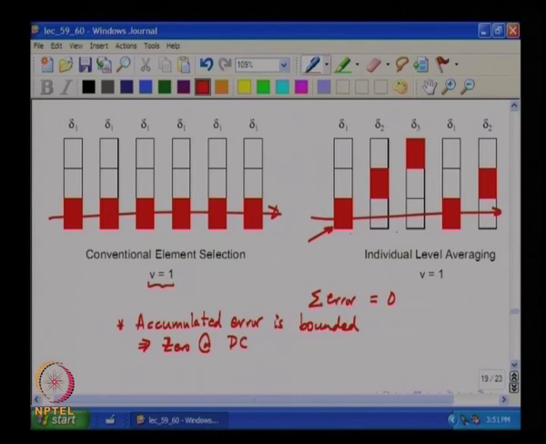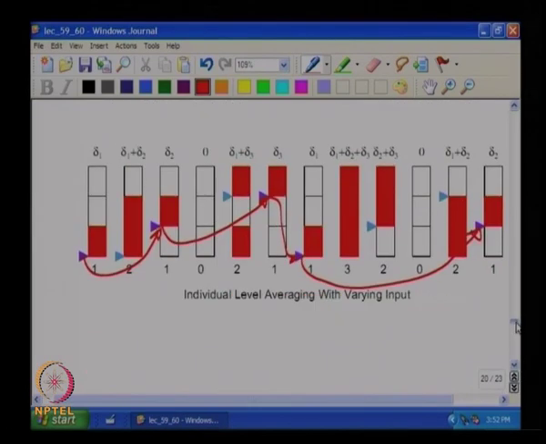And as we already saw, the accumulated error here is bounded, which means that it has a 0 at DC. Now, if the same thing is done for all other individual levels, then the same thing will happen to the errors contributed by those sequences also.